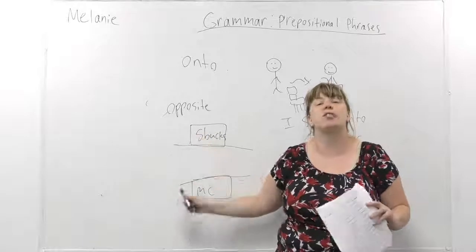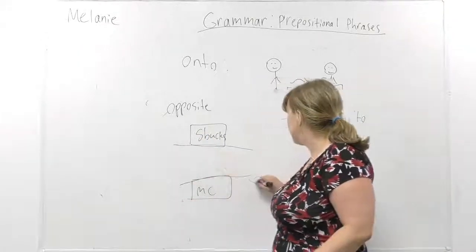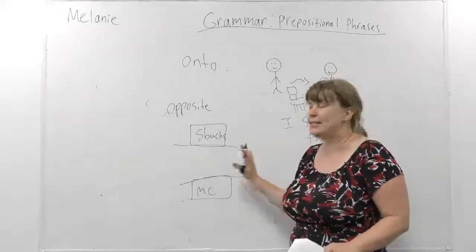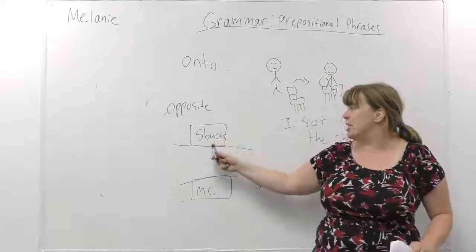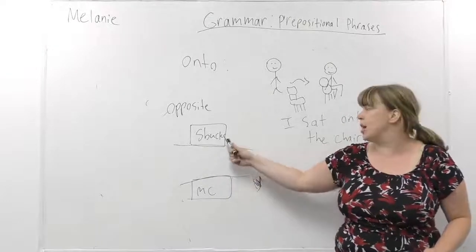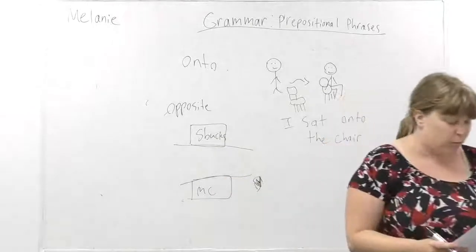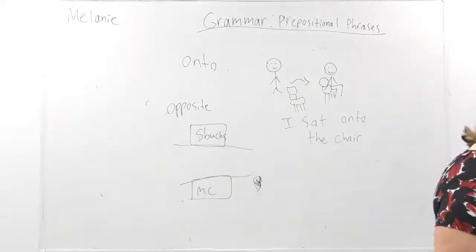Or you could say opposite to McDonald's. I think you got it. So you could say Starbucks is across from McDonald's, or you could say Starbucks is opposite of McDonald's. Okay, what else do we have?